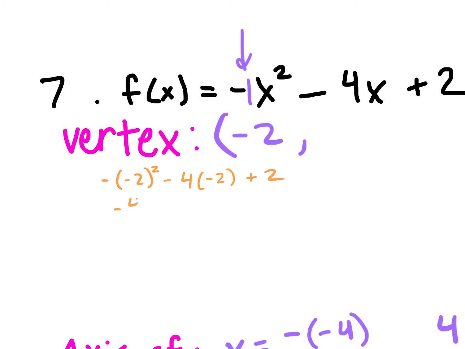So it'd be -4 because the negative just gets dropped down. And then what's -4 times -2? Anybody? That's 8. So we have -4 plus 8 plus 2. Roy, what's -4 plus 8 plus 2? 6. So my second number is 6.